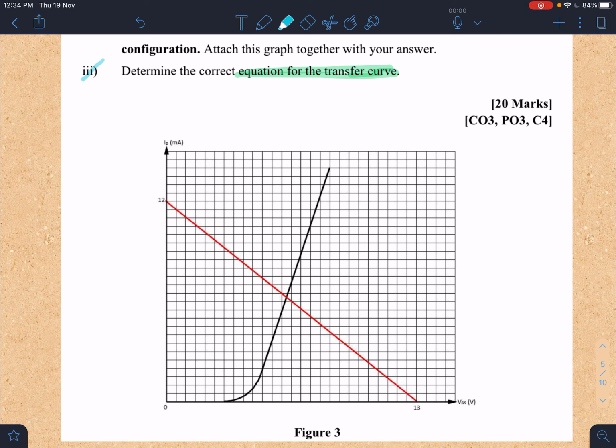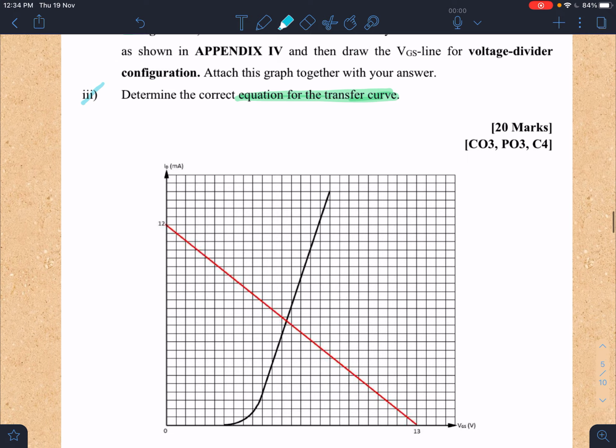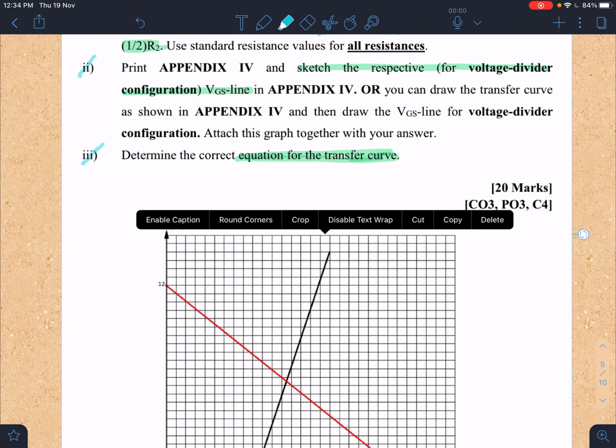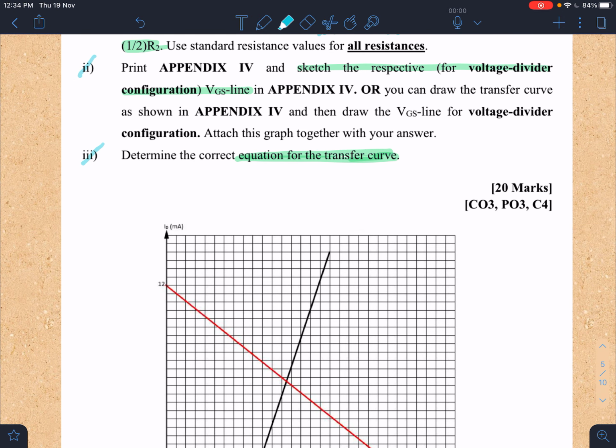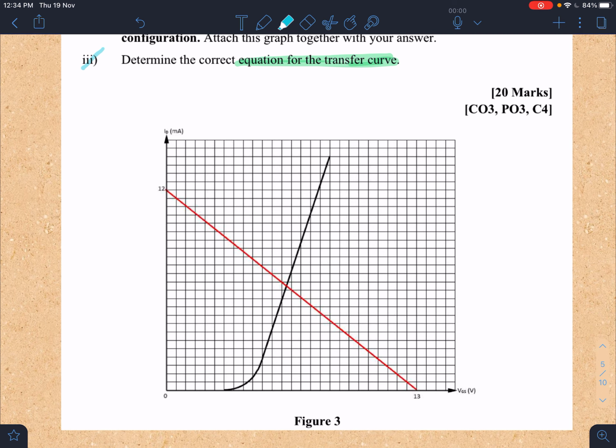So this graph should have two VGS lines: the oldest one, which is from the drain feedback, and the new one that you find, which is from the voltage divider. Lastly, determine the correct equation for the transfer curve. That means, what is the equation of this transfer curve?